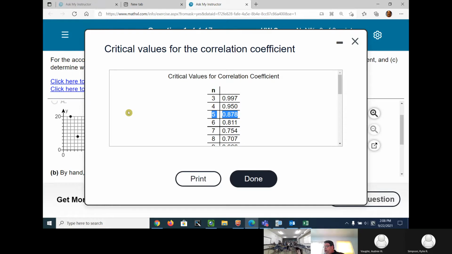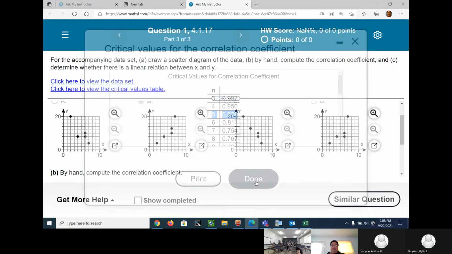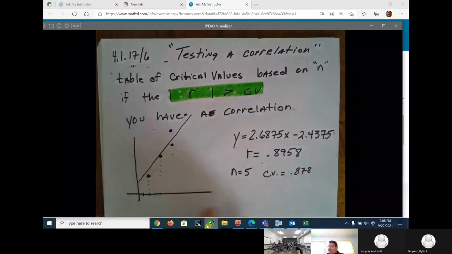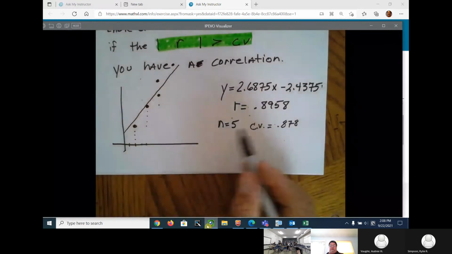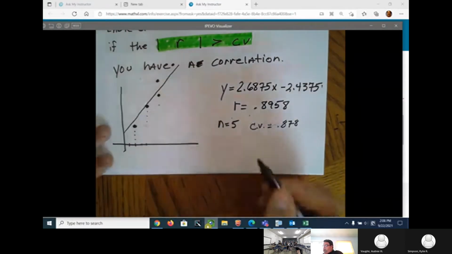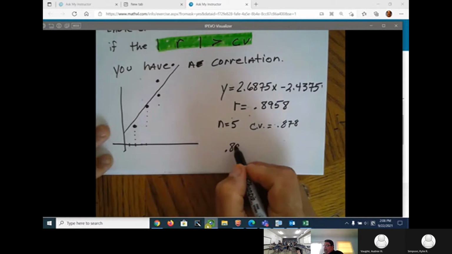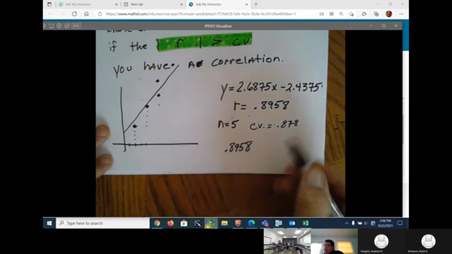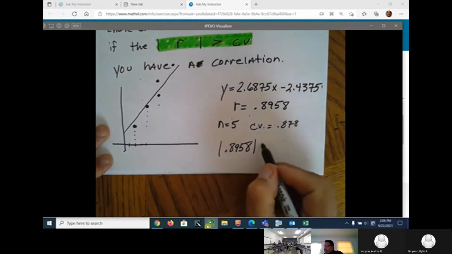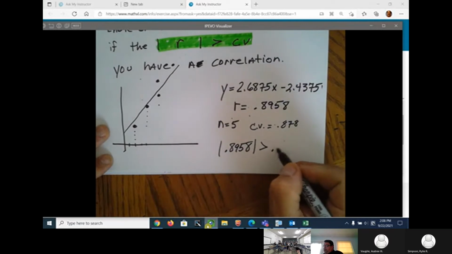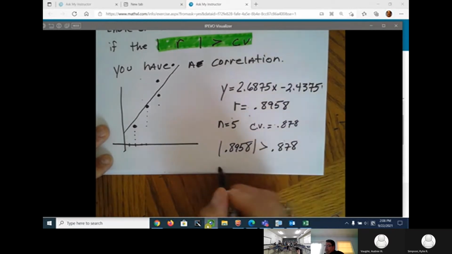So critical value is equal to 0.878. So the homework is going to ask you, is this a correlation? Well, 0.8958 absolute value is greater than 0.878. Therefore, this is a correlation.